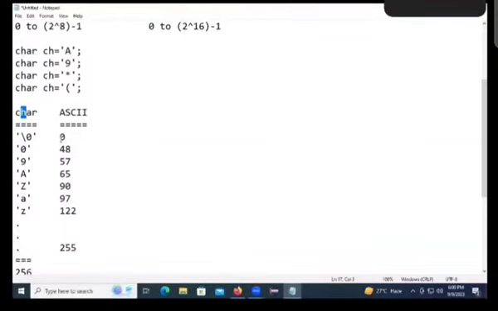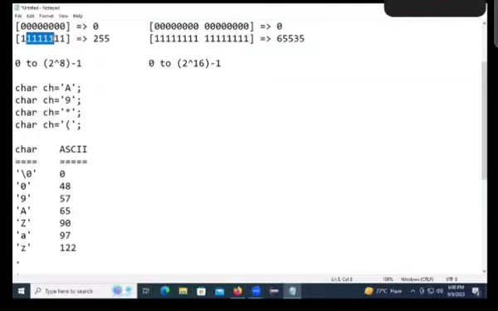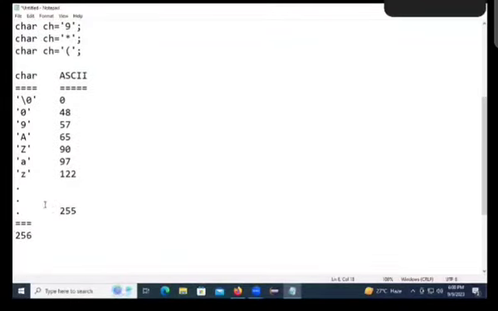You take 8 boxes. Now if I ask you 65, can 65 be stored here or not? Convert 65. Maximum we can store 255, minimum 0. If you take any character, the final last value will be 255 and the first will be 0. There is no character beyond this, so not much memory is required. Only 8 bits is enough. That's why we take 8 bits of memory for a char in C and C++.